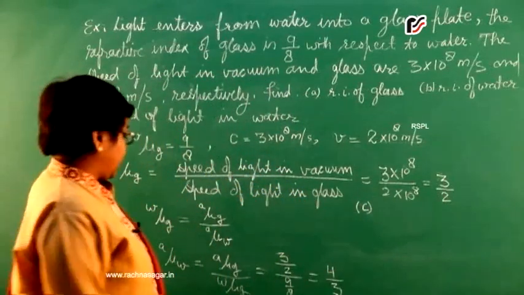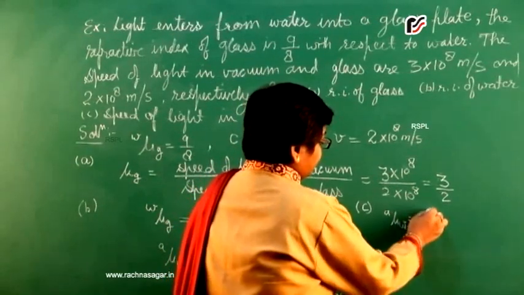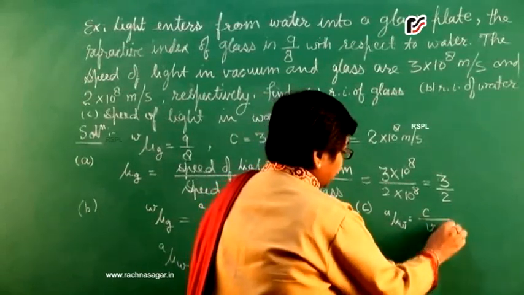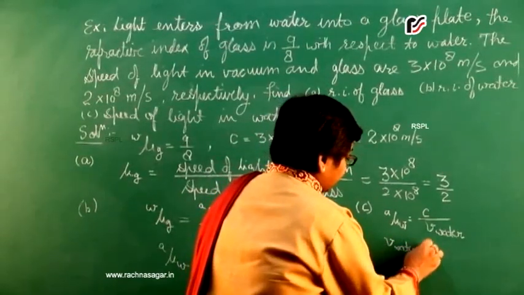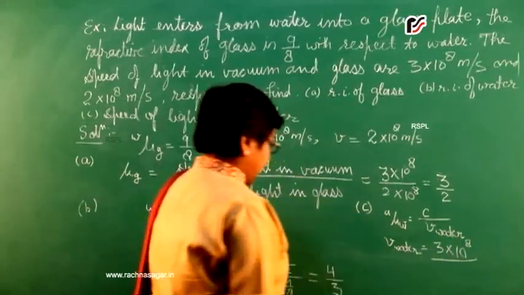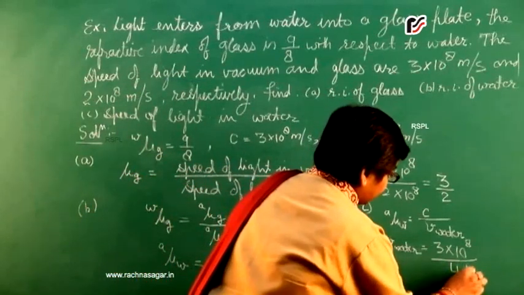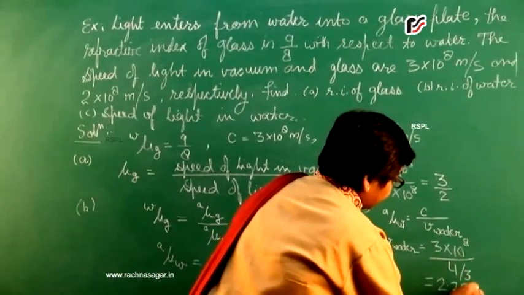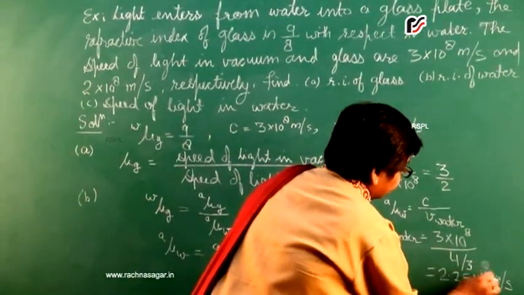The speed of light in water. A mu W means speed of light in air to the speed of light in water. So the speed of light in water equals 3 into 10 to the power 8 divided by refractive index of water, which is 4 by 3, that is 2.25 into 10 to the power 8 meter per second.